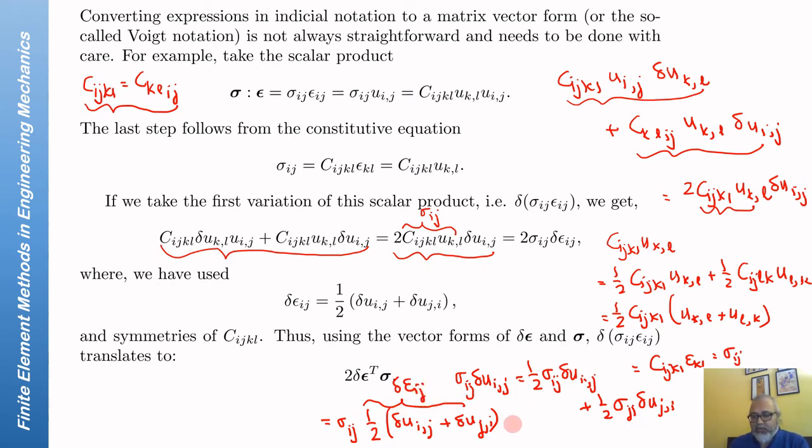So if I do that, then this becomes sigma ij delta epsilon ij, with the 2 I have not touched, so the 2 remains.